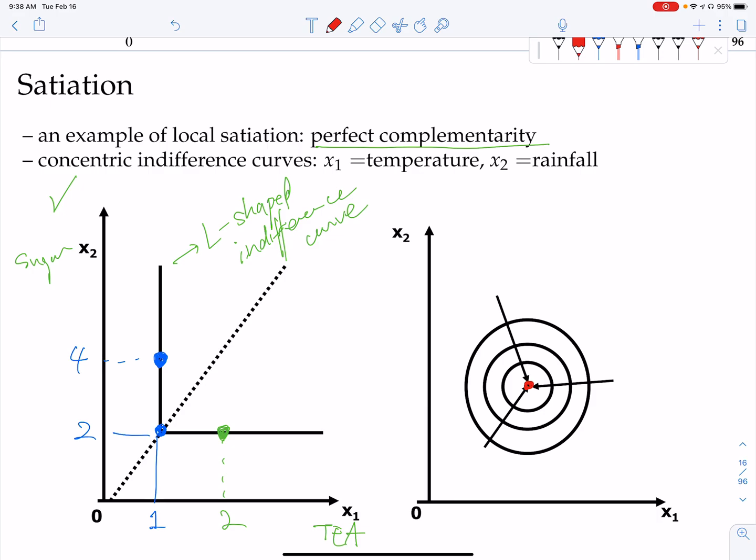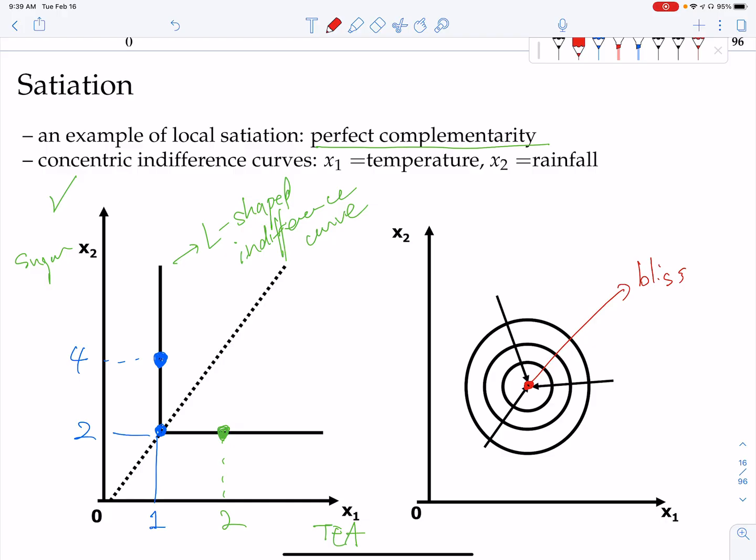So this is sometimes called the bliss point. Bliss means a perfect, complete happiness. So you're so happy, there's no other way to make you happier. So this is the best point.